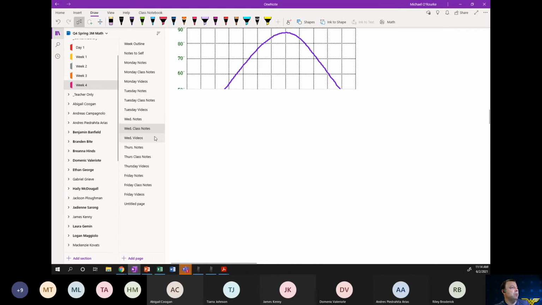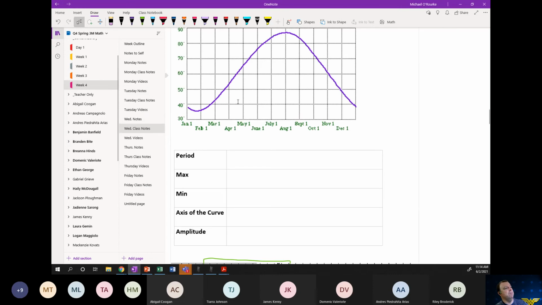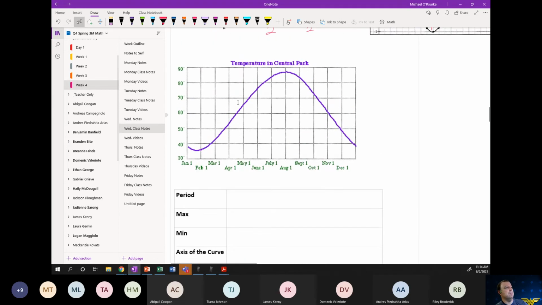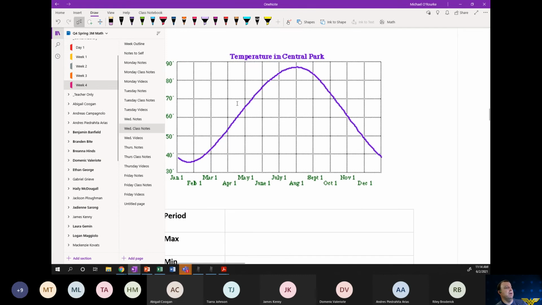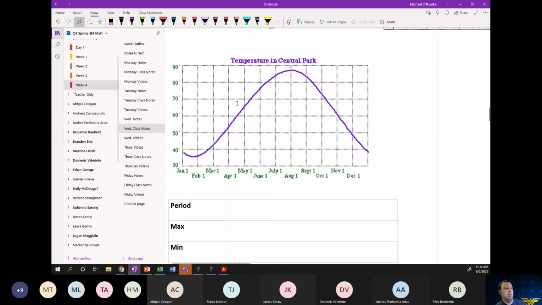And for people who want to do one more, let's do this one. So this is temperatures in Central Park. Temperature in Central Park over the year.